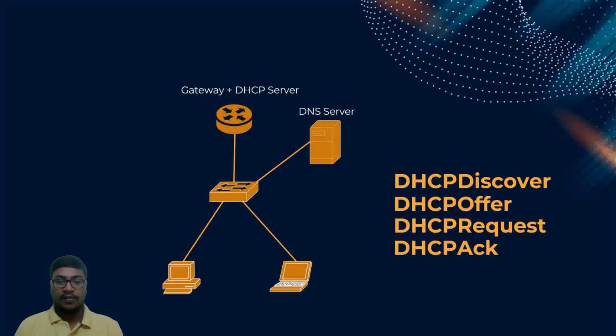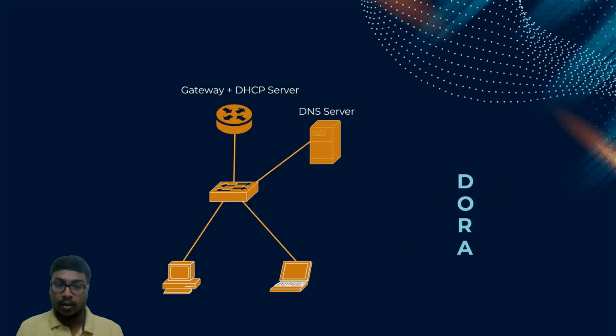Once this configuration is sent to the client machine and the process is completed, the server adds an entry in its own ARP table and configures a MAC address corresponding to the IP address that has been allocated. So this exchange of these four specific packets, or the process of IP allocation that takes place, is called the DORA process of DHCP configuration.